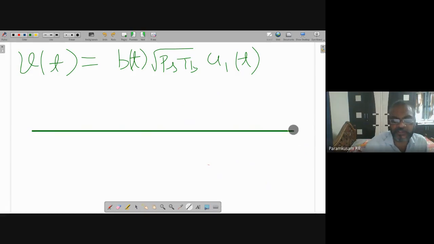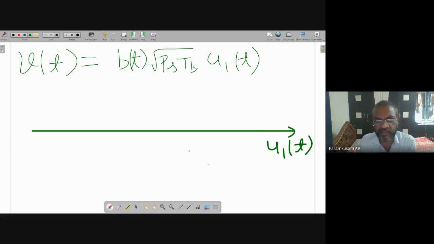This is u1 of t. Now, what is v of t? V of t is equal to b of t into root over ps tb into u of t. Can you represent v of t as a point in this axis?